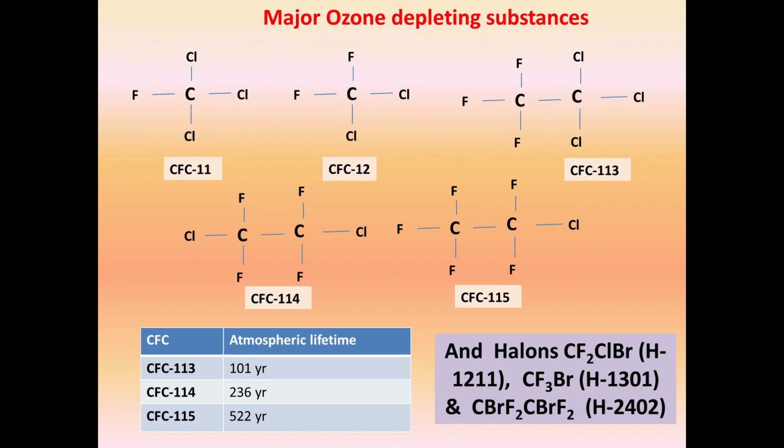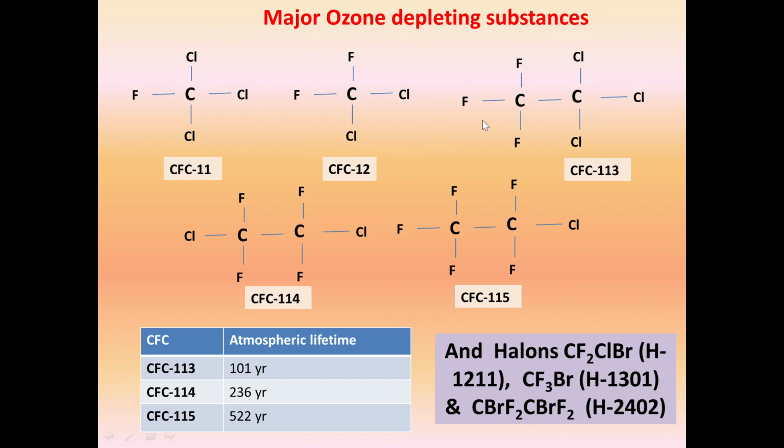I have explained it very simply. You can see one carbon with four bonds. In the case of CFC11, 3 chlorine and 1 fluorine are present. CFC12 has 2 fluorine and 2 chlorine.